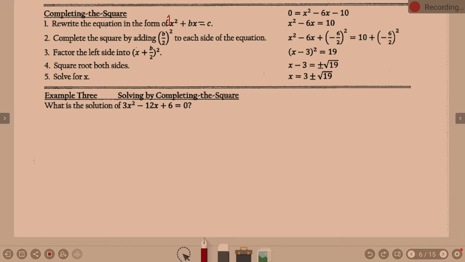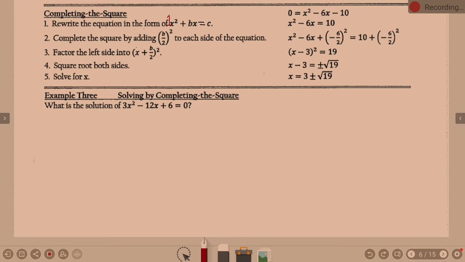Step 2 will be the important step, and that will be to complete the square by adding b over 2 squared to each side of the equation. I'll set this up a little differently because I know it looks confusing. We'll be finding b. Where do we find b? It's the number in front of x, right? So in this case, b is negative 6.